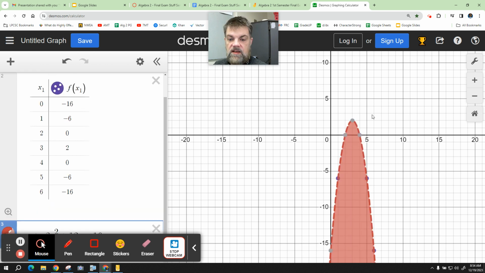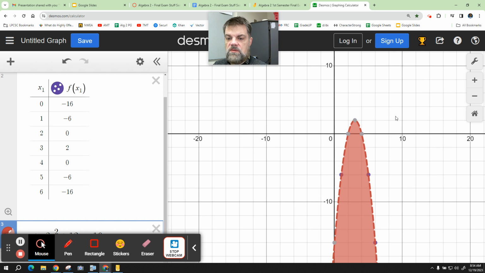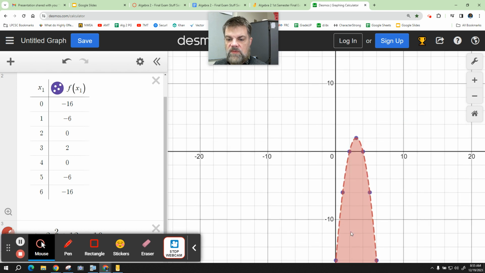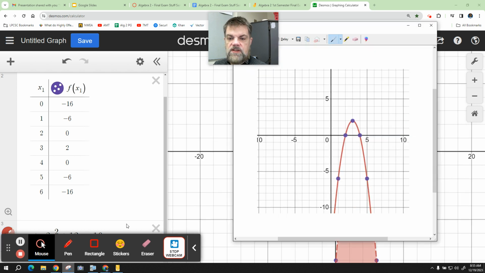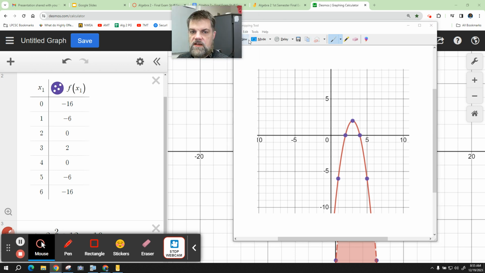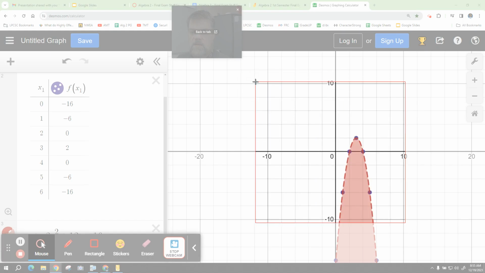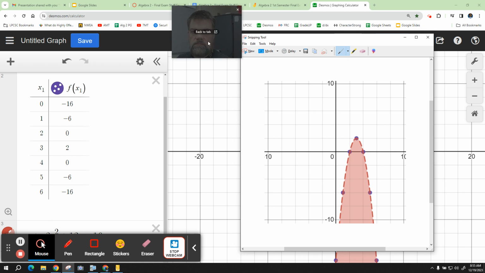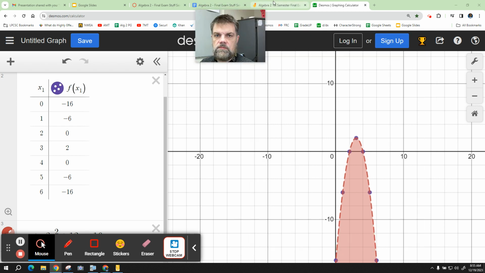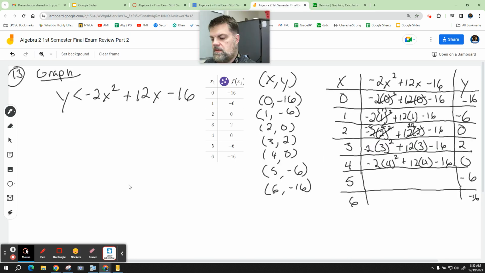Okay? So this is what I have. That's what the graph technically should look like. Let me take a screenshot of that. And this is what the graph looks like.